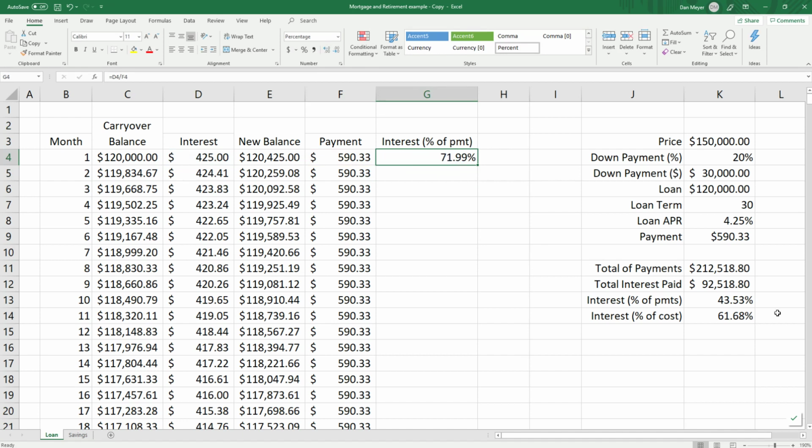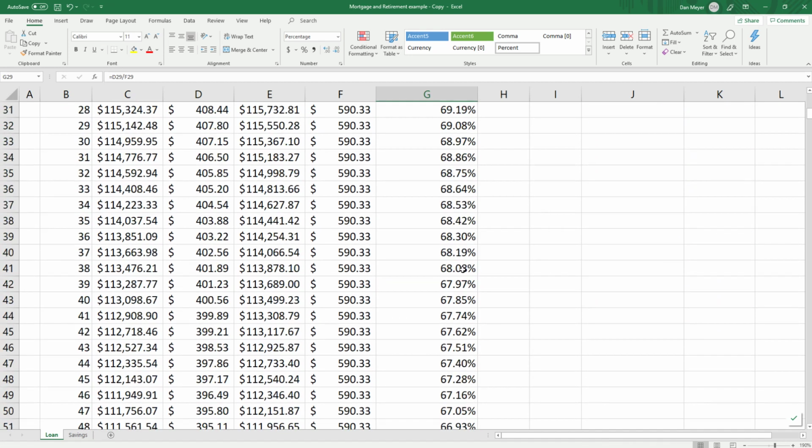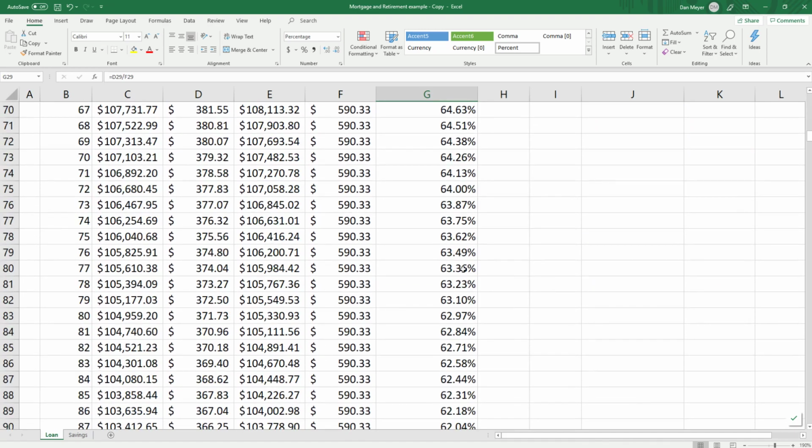Okay, overall, the interest 43% sounds like a lot, but in that first month, the portion of your payment that goes to paying off interest is almost 72%. Okay, and if I go ahead and copy this down, it's a reasonably high percent for a long time.